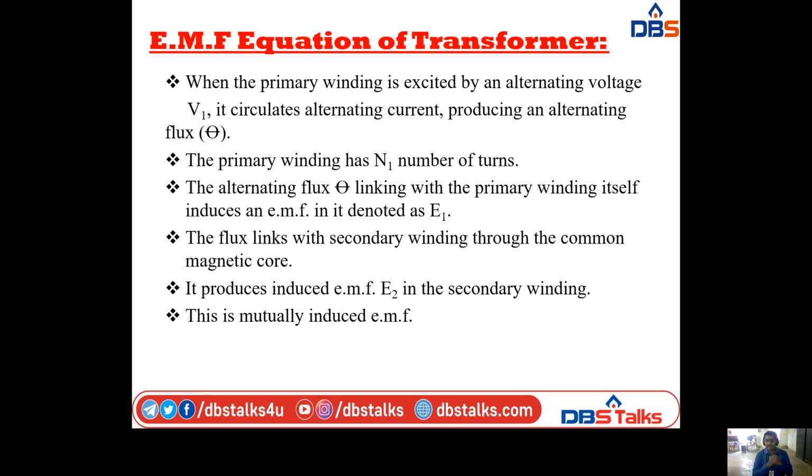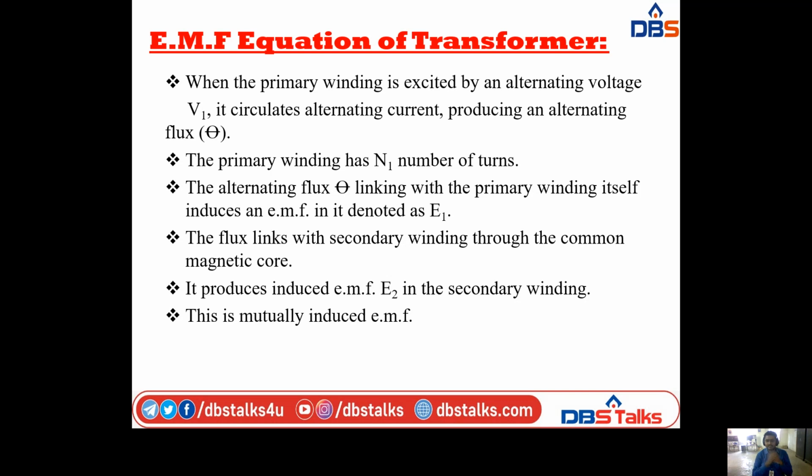Whenever the primary winding is excited by an alternating voltage V1, it circulates alternating current, you know this already. Because of that current, it produces alternating flux. The alternating flux produced in the primary winding travels through the magnetic core into the secondary winding.